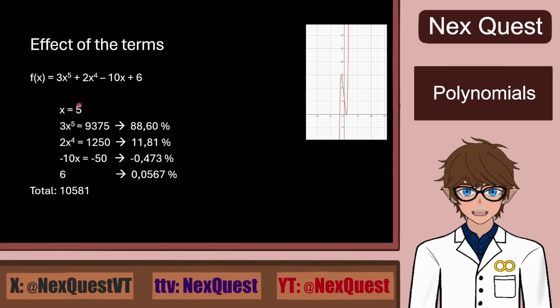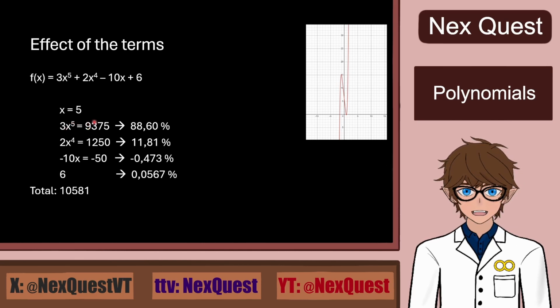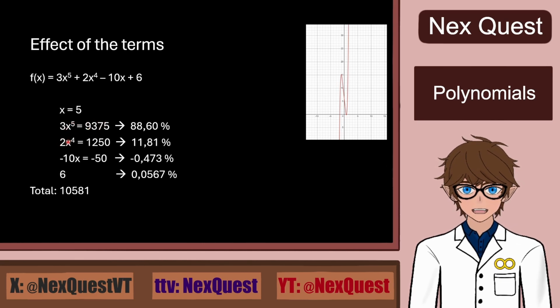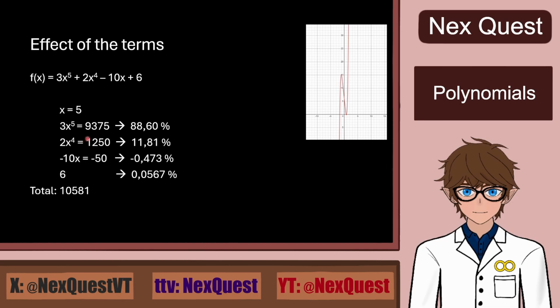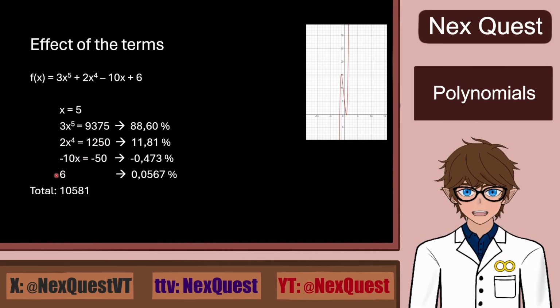So we have x is 5. We put in 3 times x to the power of 5, which is 9,375. 2 times x to the power of 4 is 1250. Then minus 10x is minus 50, and 6 is 6.